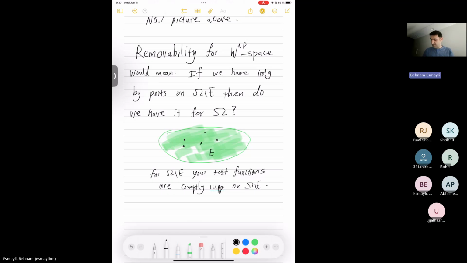So you're testing against functions which behave like this. They vanish whenever they approach E. So you only test integration by parts against such functions.